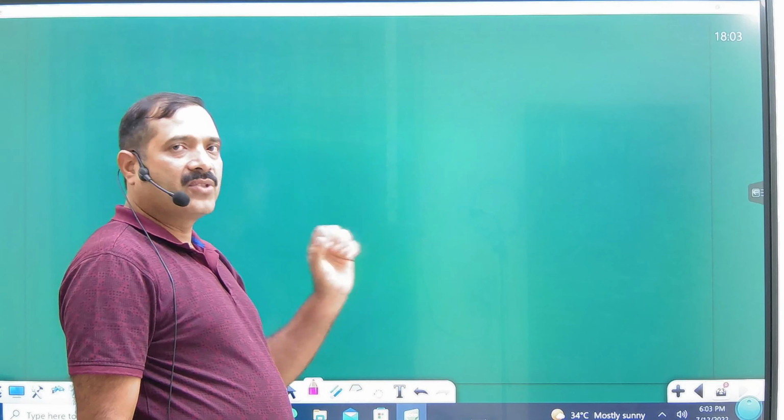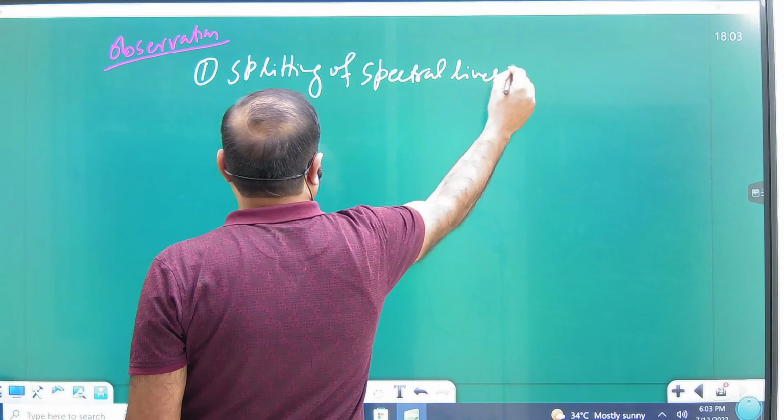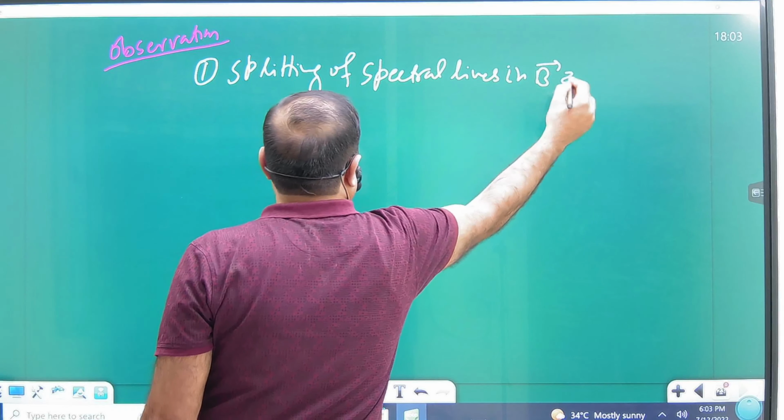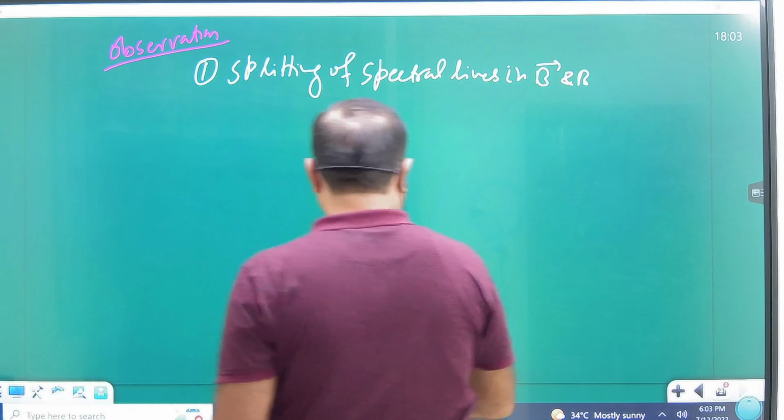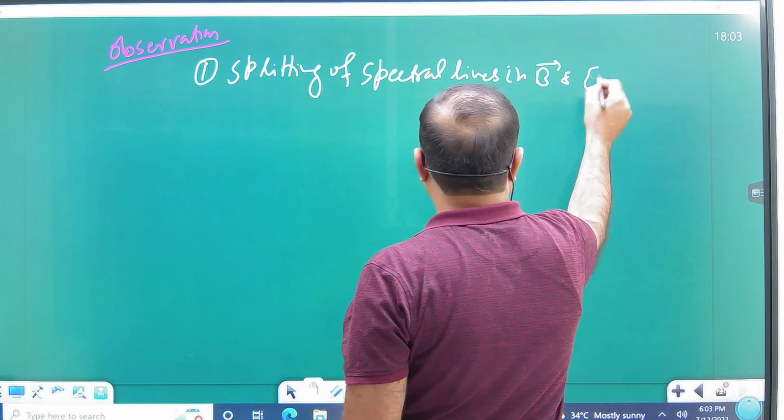First observation was a splitting of spectral lines in electric field and magnetic field, which was not explained by Bohr.